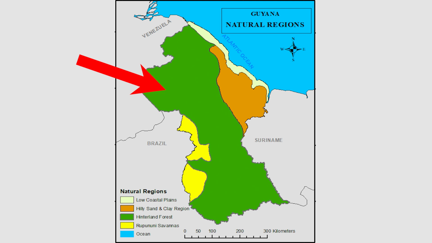And finally, we have the interior savannas. That is represented in that yellow patch that is found more specifically to the west of Guyana. Now, boys and girls, there is also a blue patch. And that blue there to the north represents where the Atlantic Ocean is found.